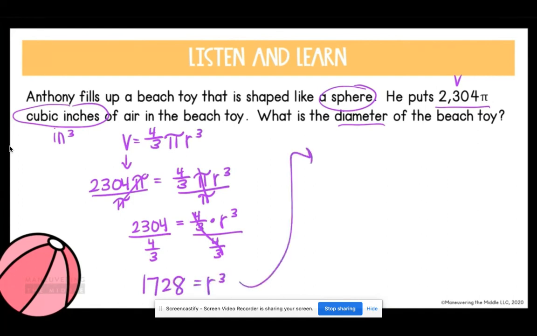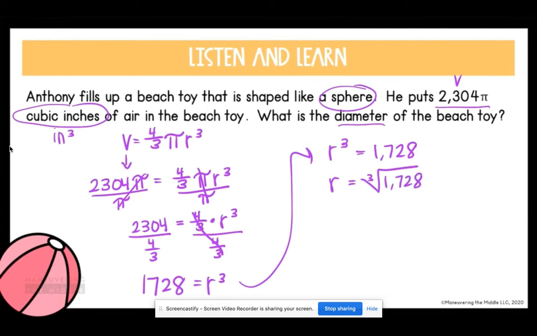Okay, I'm going to bring this up here. So here's what we have now. The radius cubed equals 1,728. The inverse operation of taking something to the third power or cubing it is to take the cube root. So radius will equal whatever the cube root of 1,728 is.